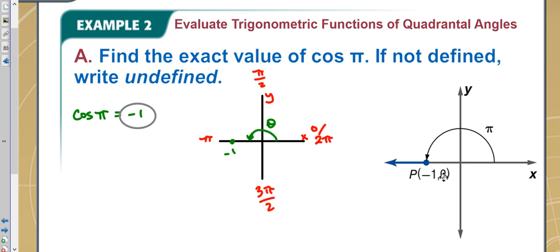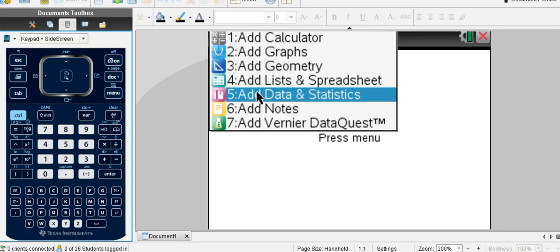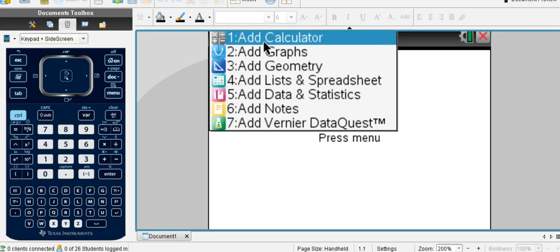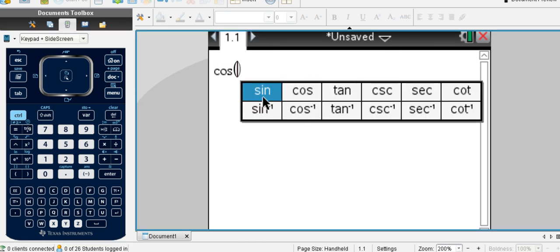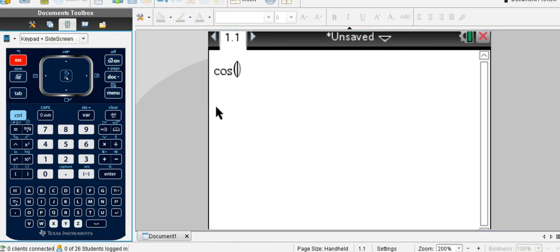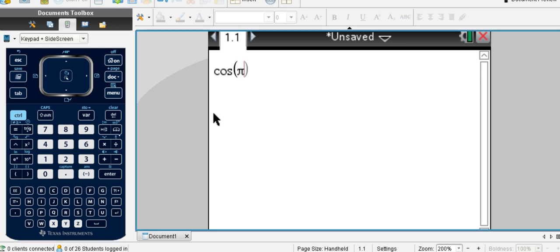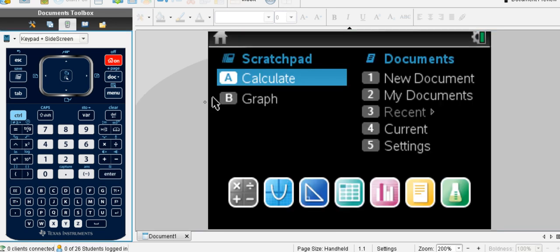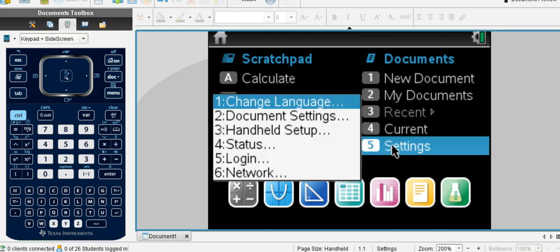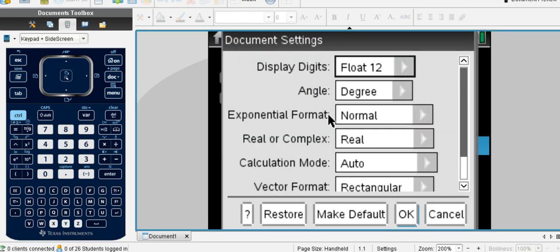Now, here's their picture, and you can see it's the same. Some of you might be struggling, going, oh my goodness, how do we ever get there? Well, don't fret, because if you just go to your calculator and go to trig and type in cosine and press the pi button and press enter, it's going to tell you, oh wait, I'm in the wrong mode. I need to go to settings, document settings.